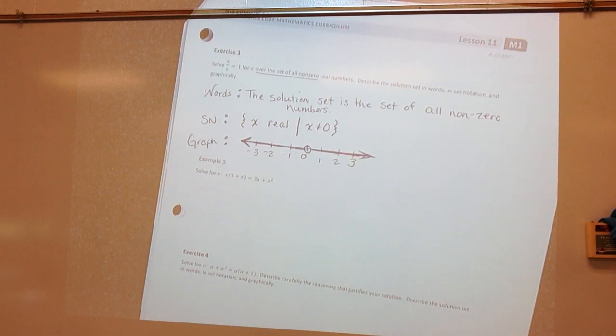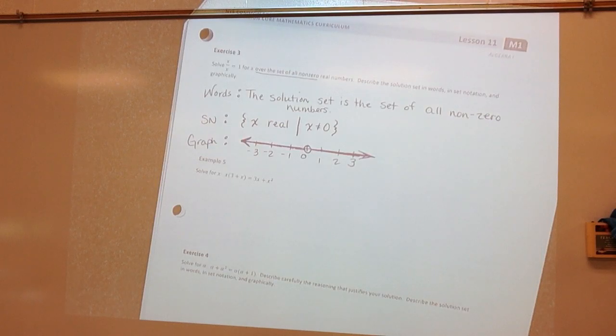All right? The distributive property becomes a big factor here. x times 3 is 3x. x times x is x squared. All right? So, what is that going to tell me? In other words, that's going to tell me that it does not matter what number I put in, this statement is going to be true.